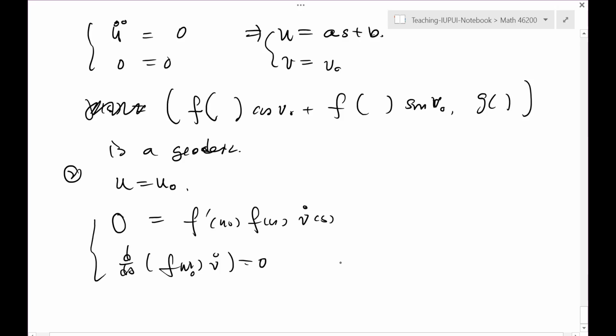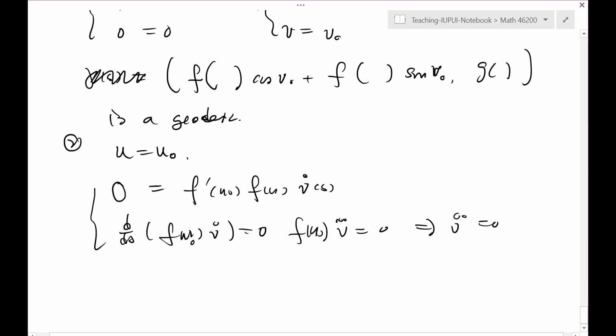So that means the second derivative of v is going to be 0. So the first derivative cannot be 0, so this implies f prime of u_0 equals 0. Then v is going to be as plus b.